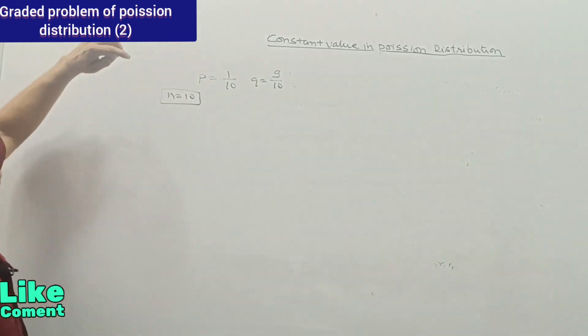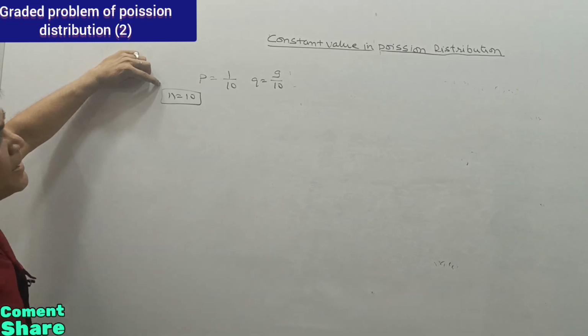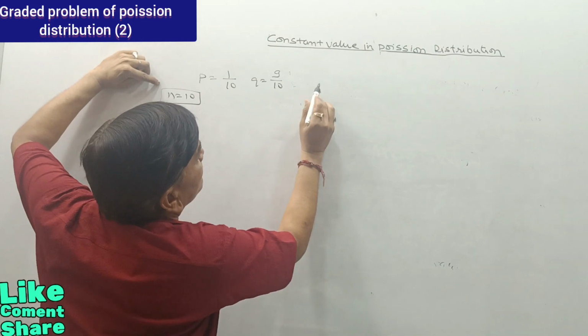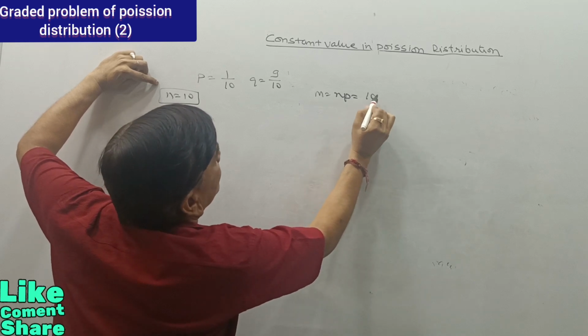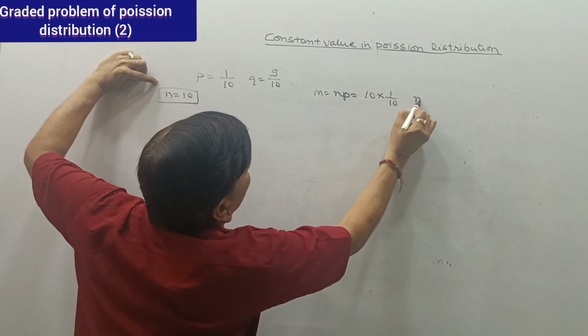So the very first, we see the arithmetic mean m is equal to np. So n is equal to 10, p is equal to 1 by 10. So the m value is 1.